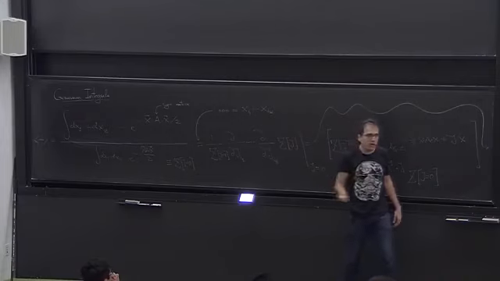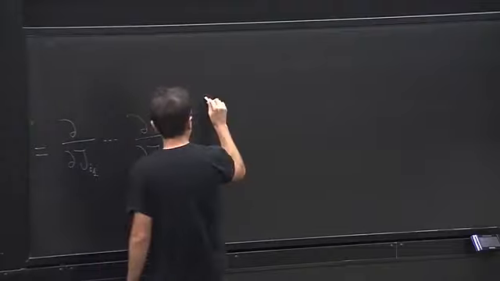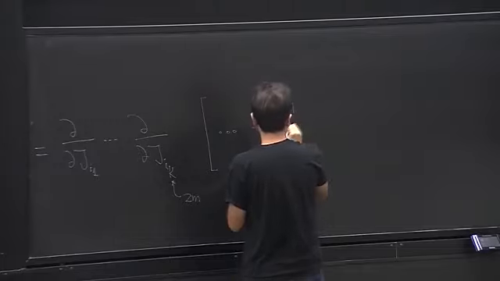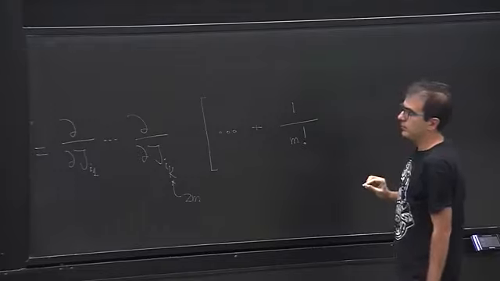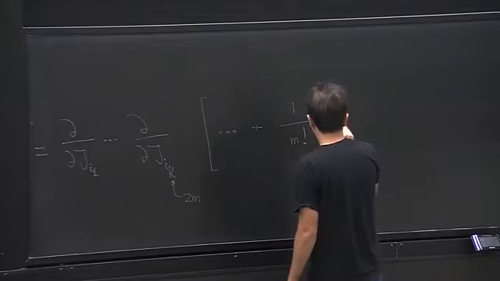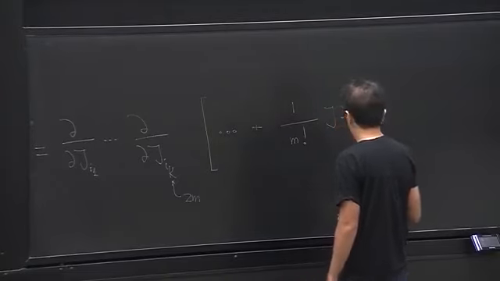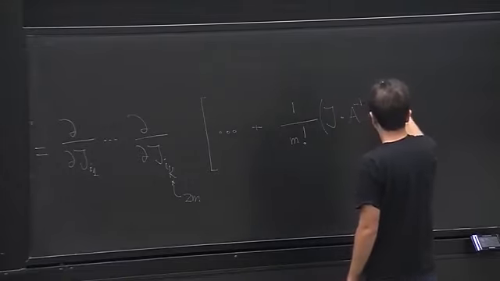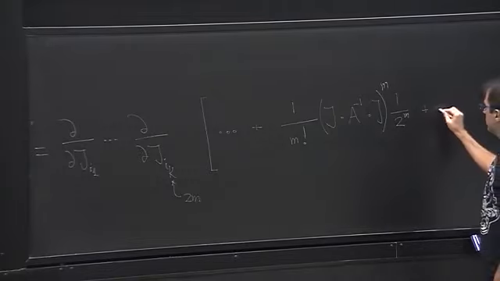So of all these terms, if k is an even number, like say twice m, the only term that survives from the exponential is 1 over m factorial times j dot a inverse dot j times 1/2, this to the power m, plus dot, dot, dot.